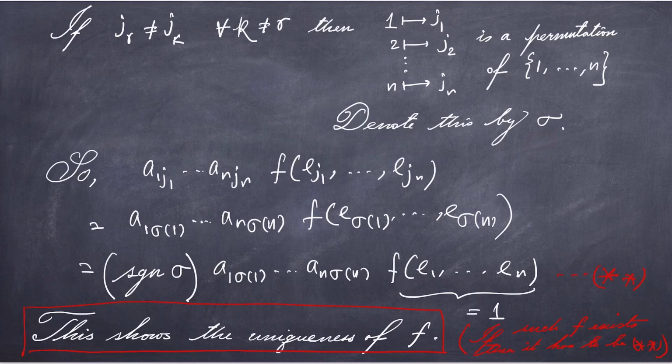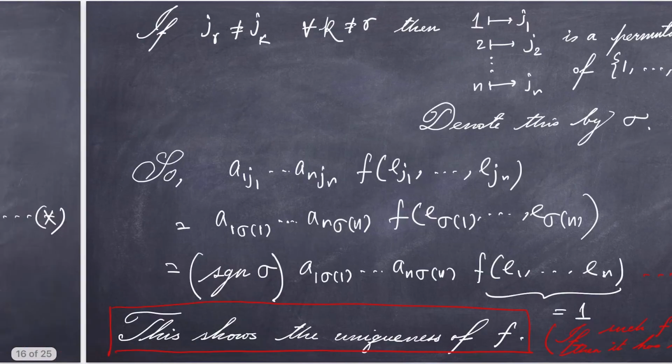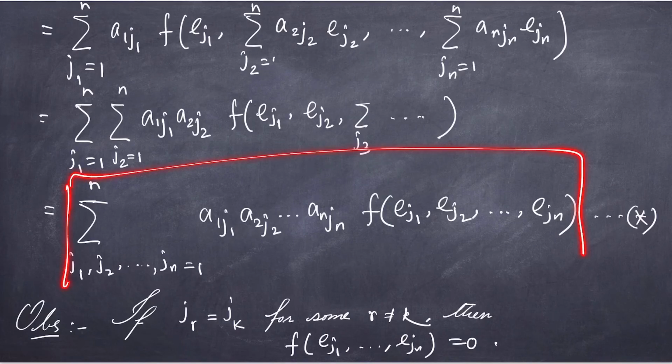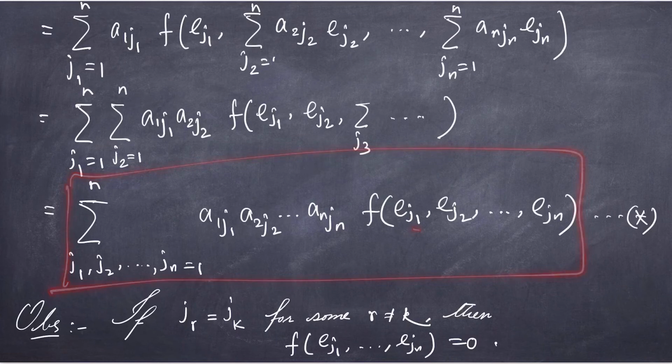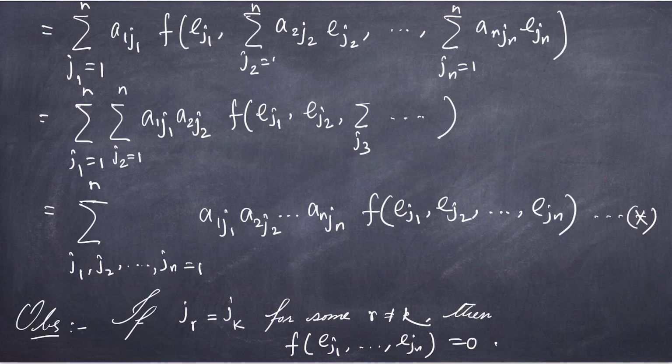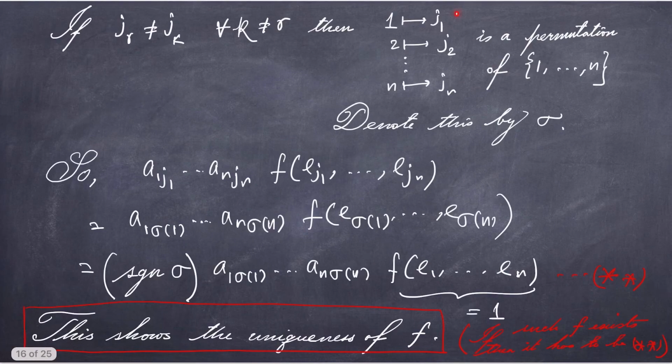Again, try to understand that in this sum, the summands which will survive are precisely those for which this assignment is a permutation of 1 up to n.